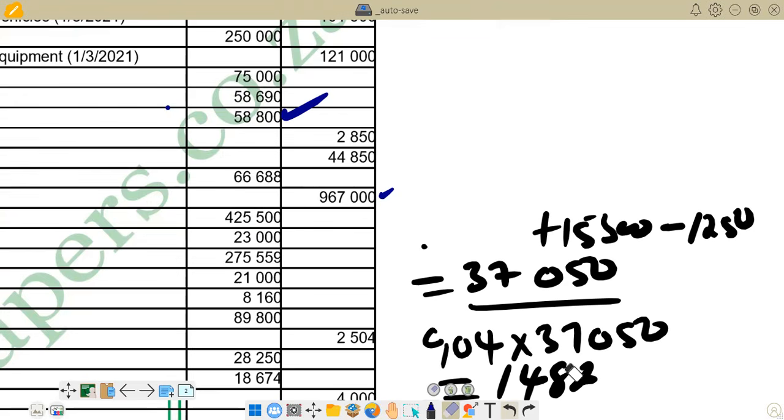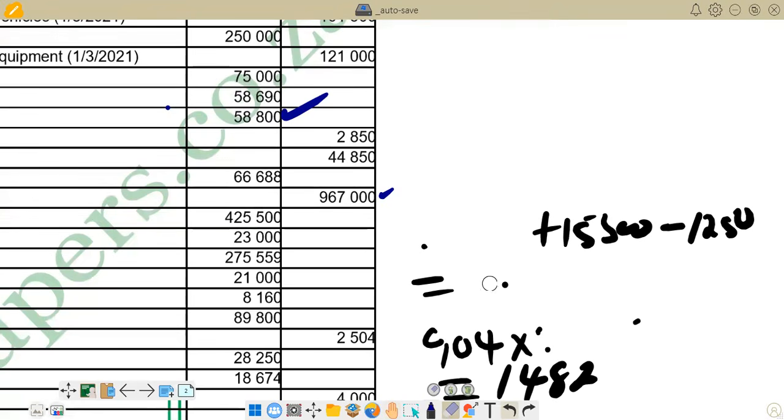It's 58,800, and it is also going to affect the figures that follow. So the figure for debtors is 58,800, and then we add 15,300 minus 1,250. Then we get this figure: 58,800 plus 15,300, subtract 1,250, and we get 72,850.